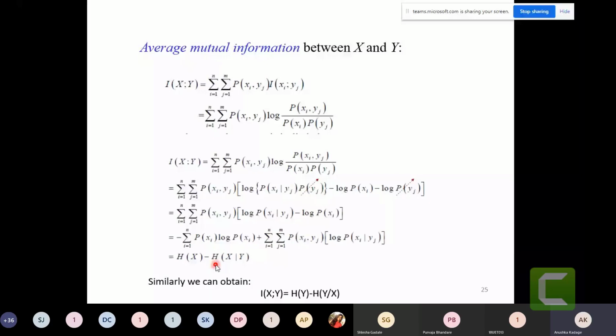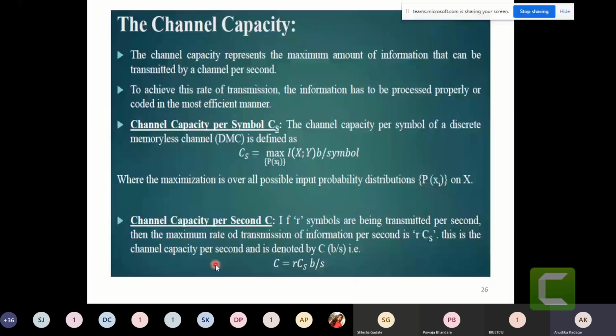The next concept we are going to see after mutual information is the channel capacity. Up till now, you might have understood that first for the transmitter, two parameters we have seen, that is information and entropy. Then we have gone for the mutual information, which is the measure of the information uncertainty transmission from the transmitter to the receiver, and that is related to the channel.